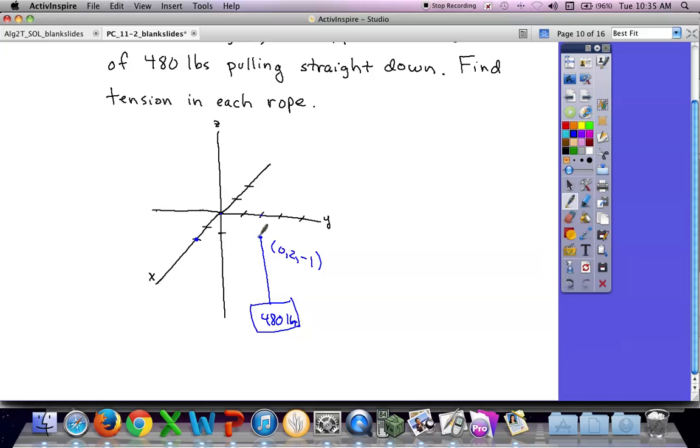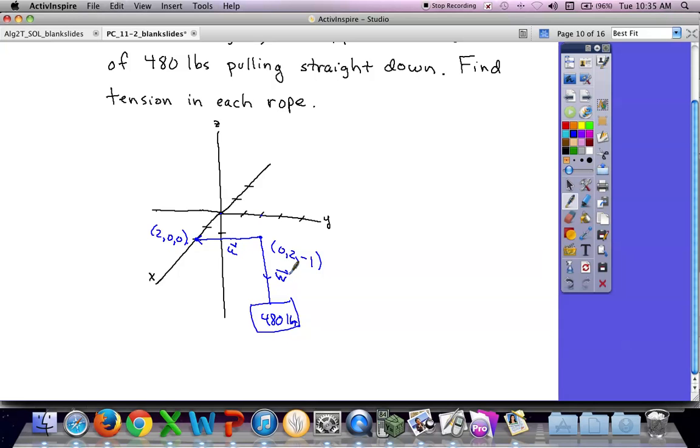So the vector starts there, and it goes there. That point was 2, 0, 0. Okay, the next vector, first of all, they're labeling these vectors. This is the U vector. This is the W vector, which is pulling down.